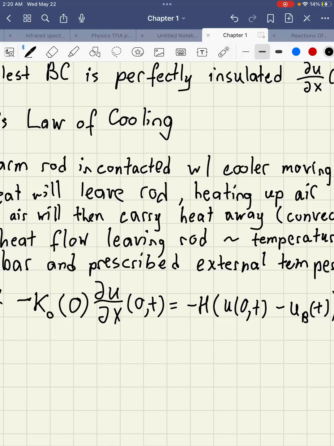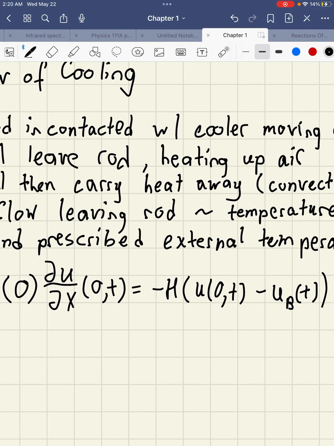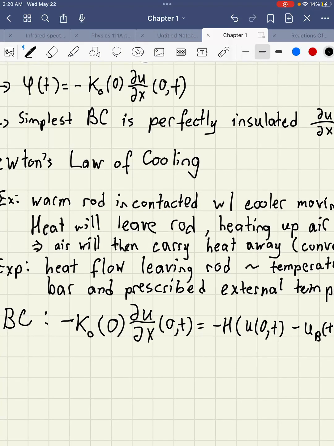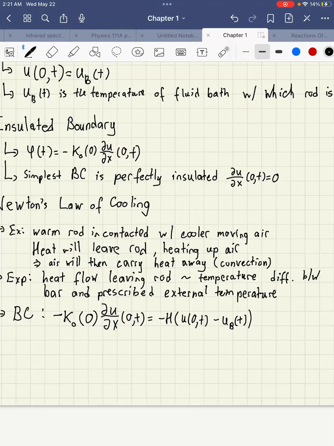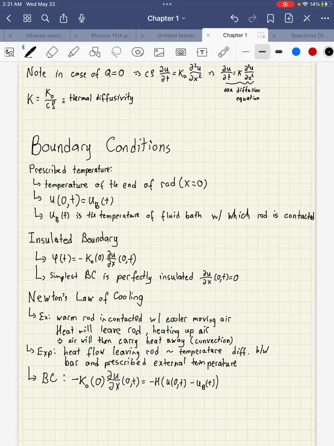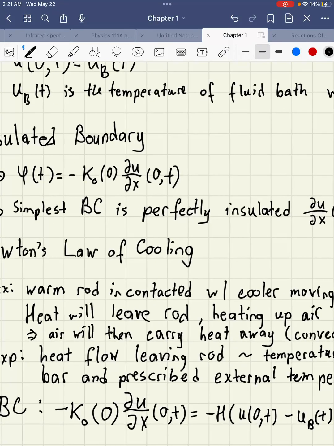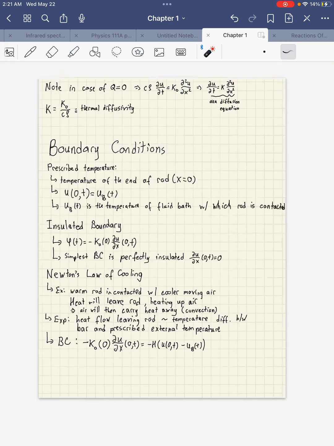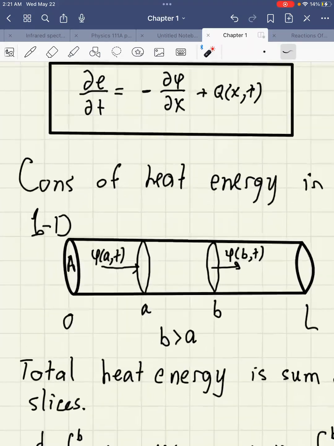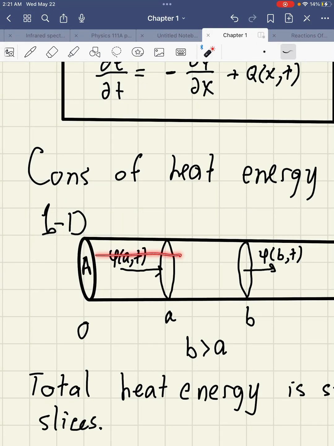For right now, there's one question: why did I put the negative sign here? The negative sign is because of this scenario. Let me explain why. Since the warm rod is in contact with cooler moving air, we expect the heat flow to move out through this direction.